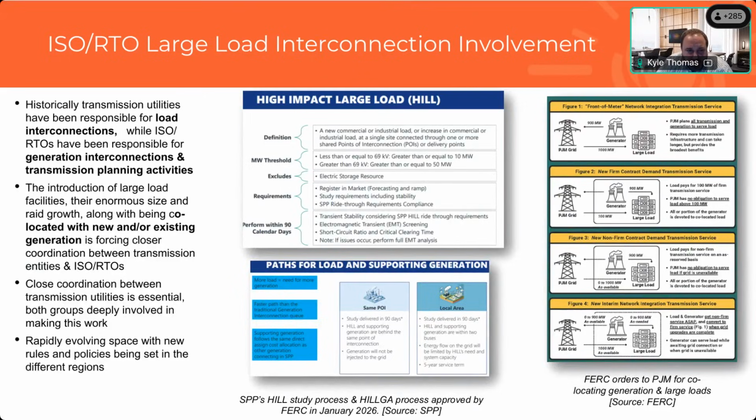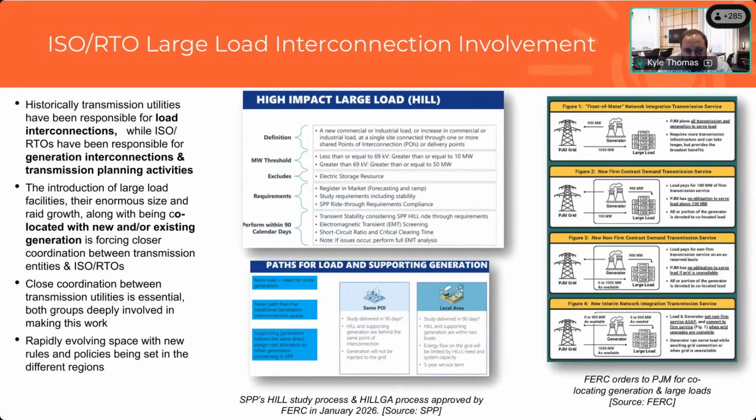But what we wanted to just highlight here is that historically, before this influx of large load interconnections, the responsibility for these load interconnections has always been with the transmission utilities for the most part. And the ISO RTO is responsible for generation interconnection and transmission planning activities.